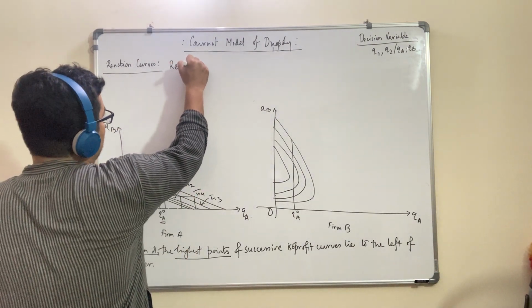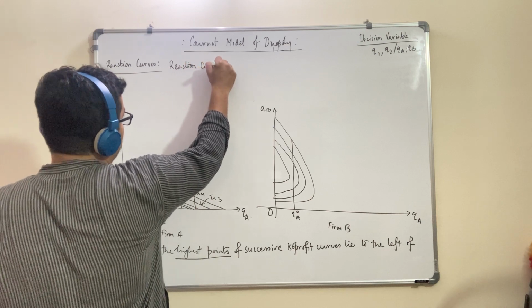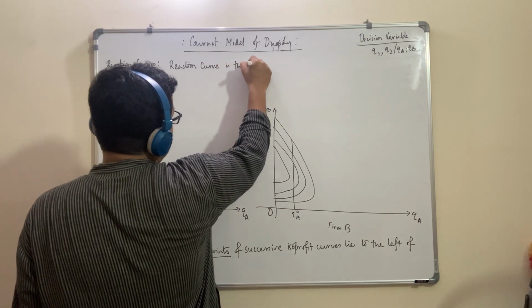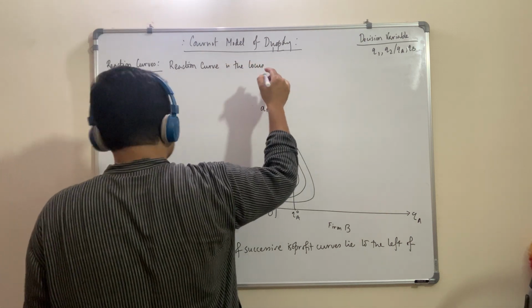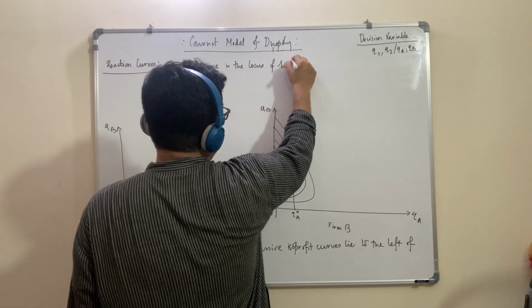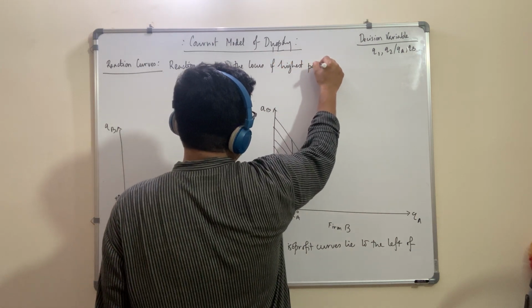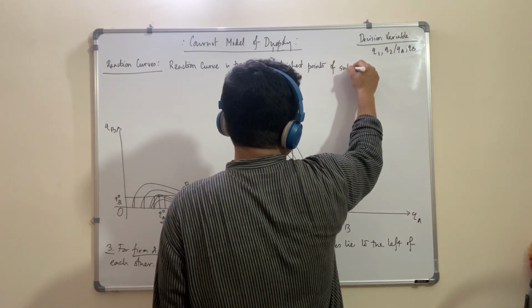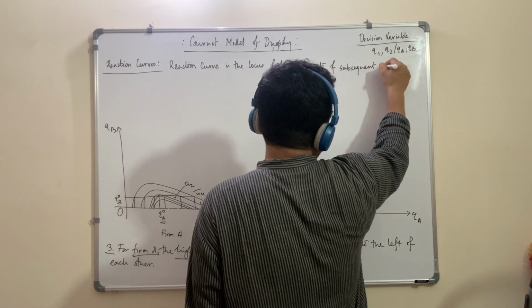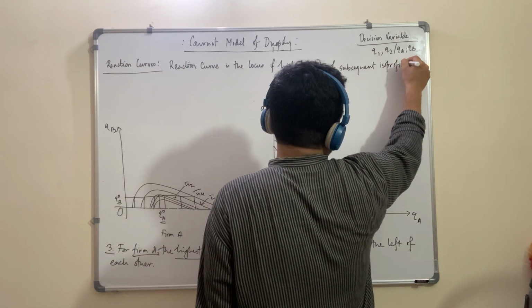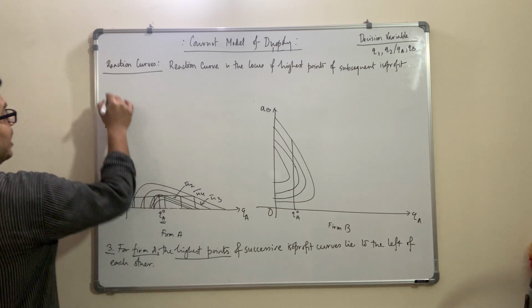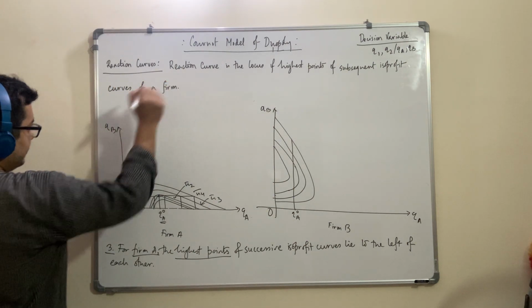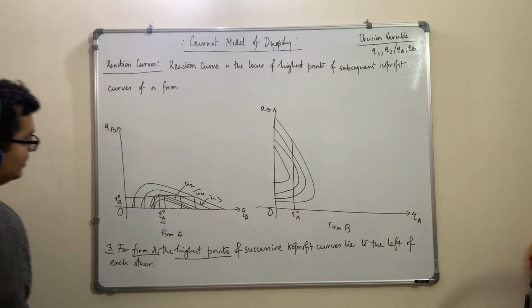So a reaction curve is the locus of highest points of subsequent isoprofit curves of a firm. So it's very simple.